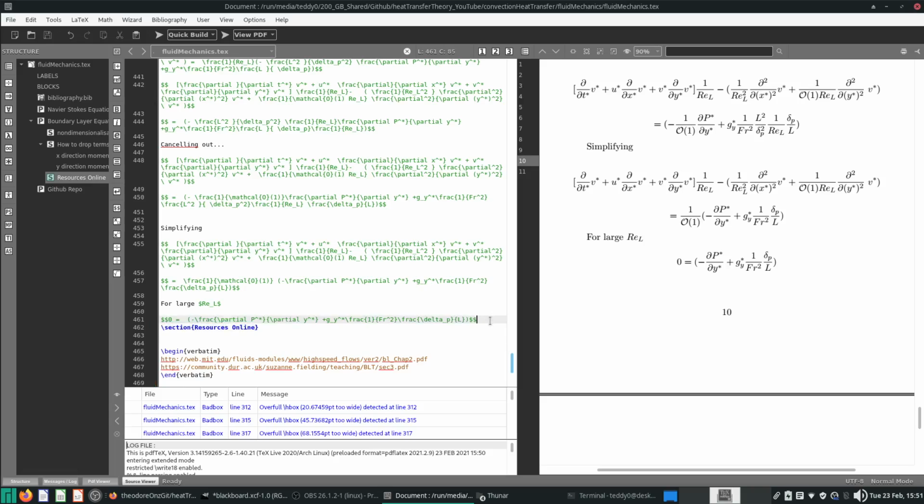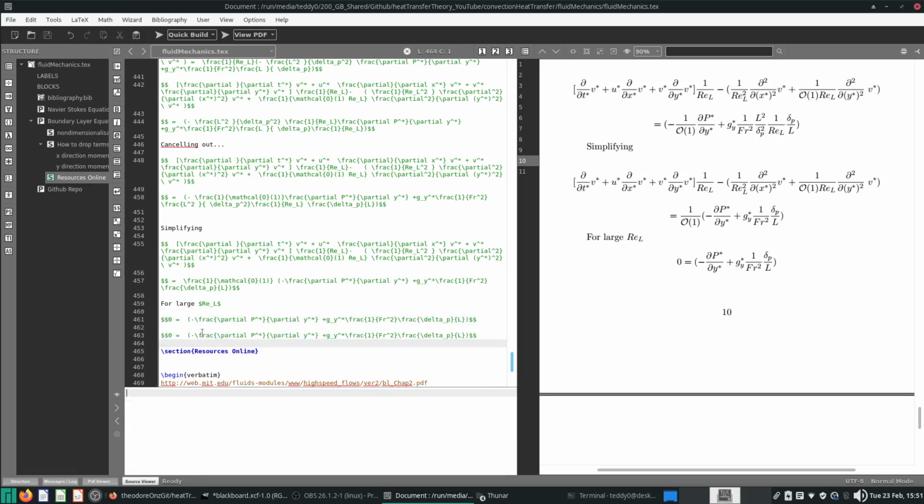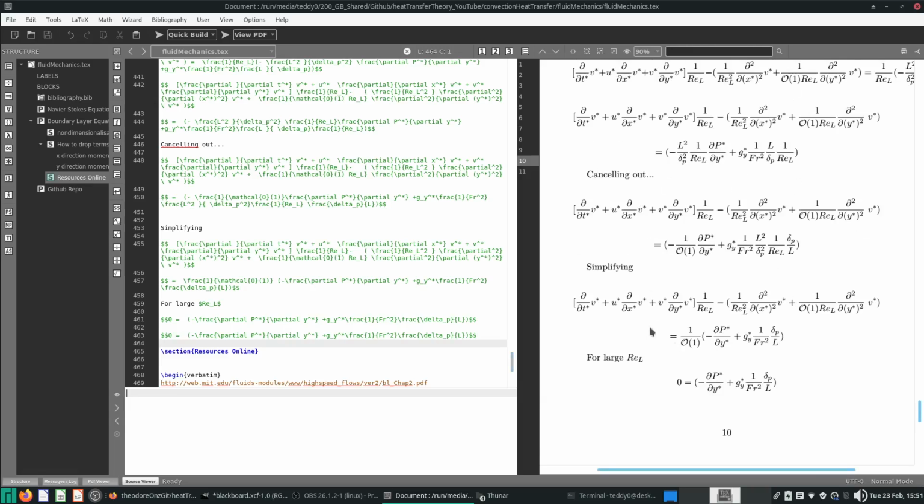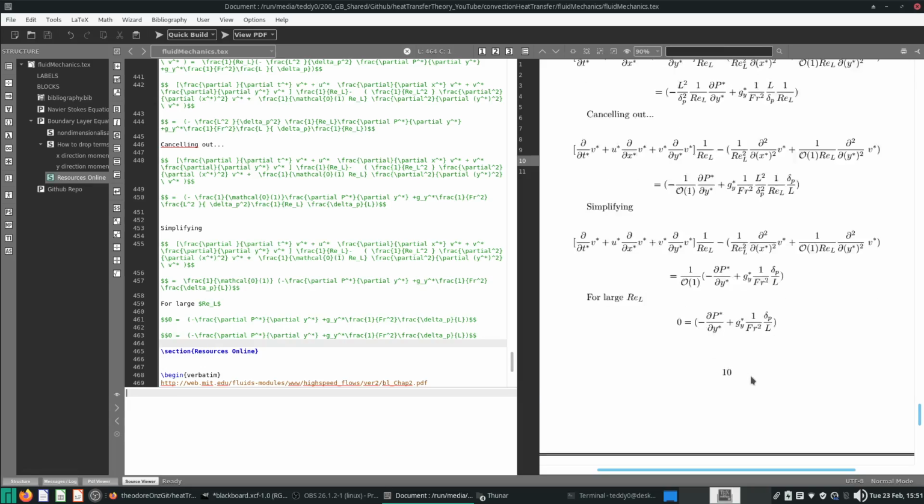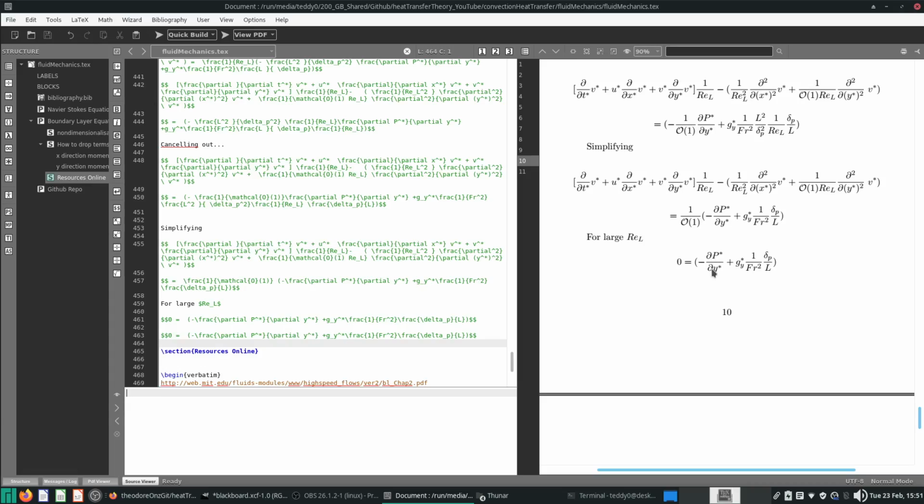So we don't cancel out the terms. We cancel out these terms on the left hand side because they are small in comparison to the terms on the right hand side. But since delta p delta y you don't know what it is, and the only term it's compared to is the gravity term, you cannot just cancel it out.